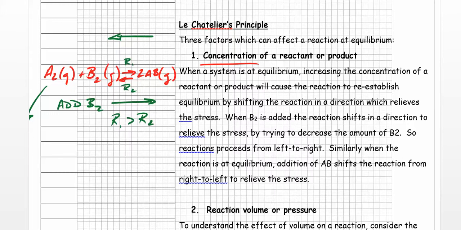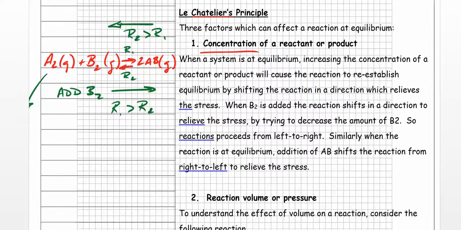I've taken it out, so the system's going to respond to try to counteract what I've done. And so as a result, R2, the rate of the reverse reaction, would be greater than R1, just like that.